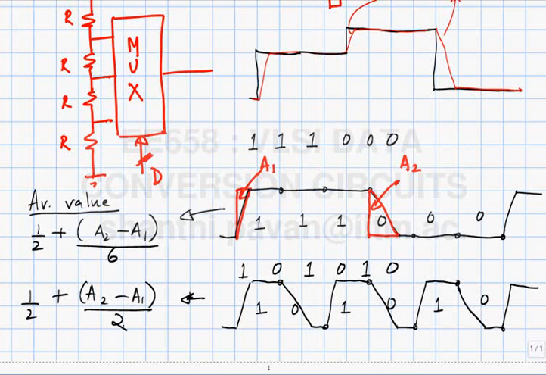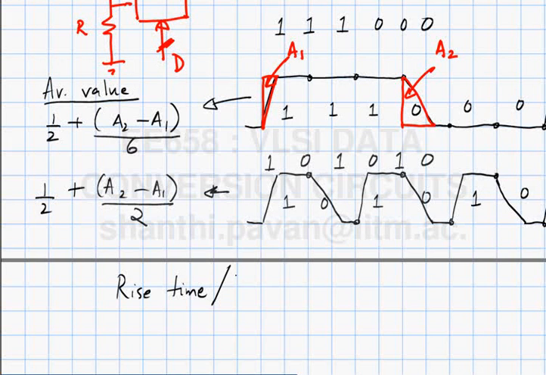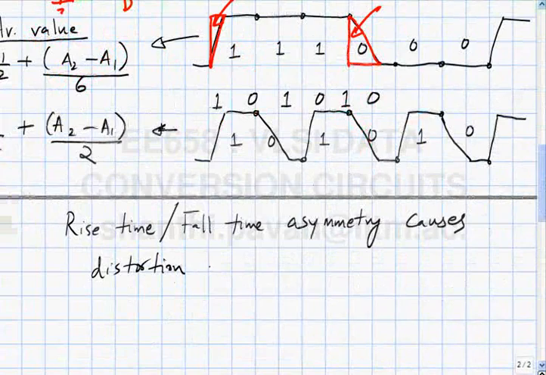You can make them largely identical, but here I have taken a very simple case where the rise is happening at a constant slope. In practice the slope will obviously not be constant. So this rise time, fall time asymmetry causes distortion in an NRZ DAC.